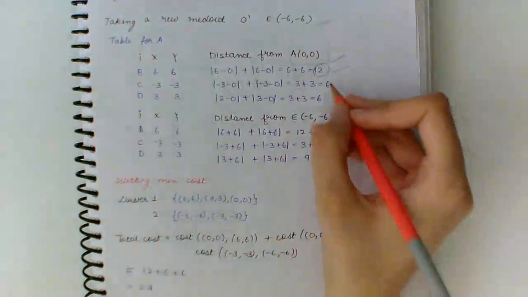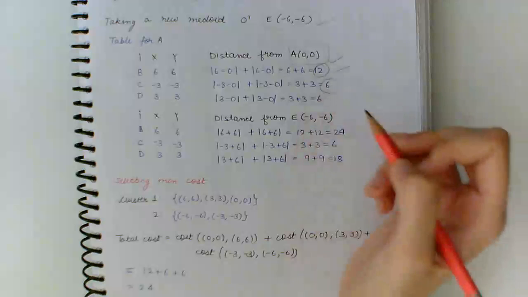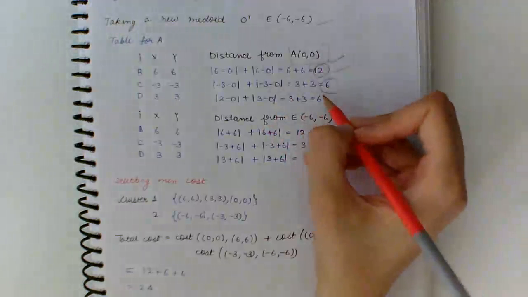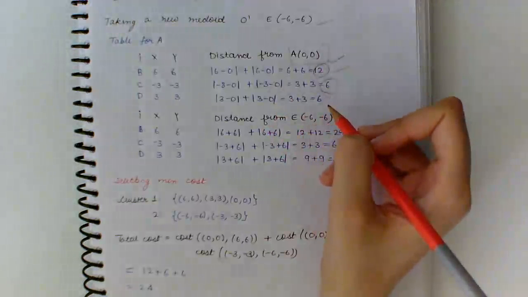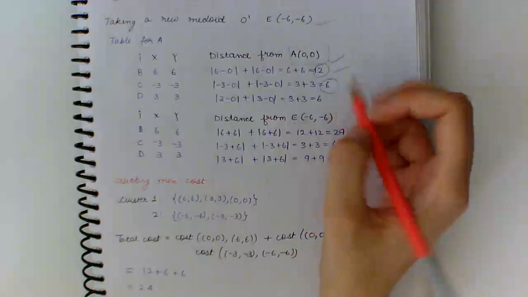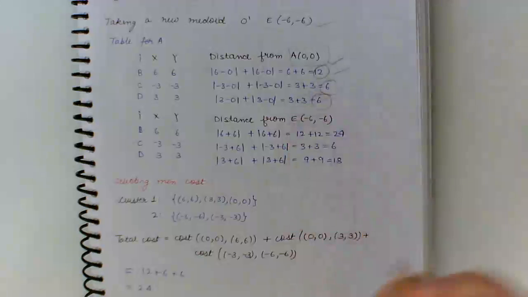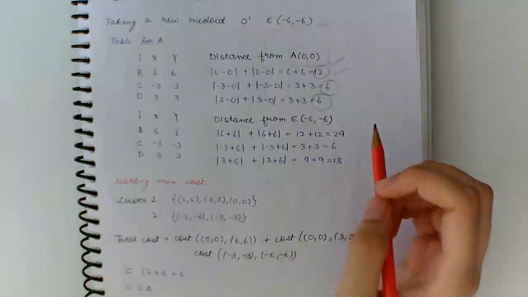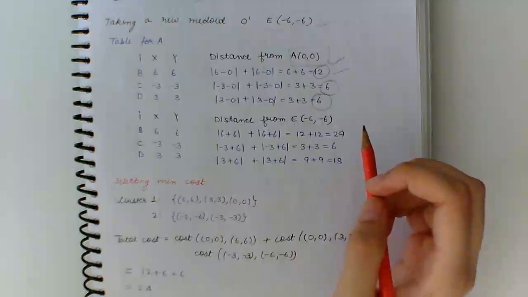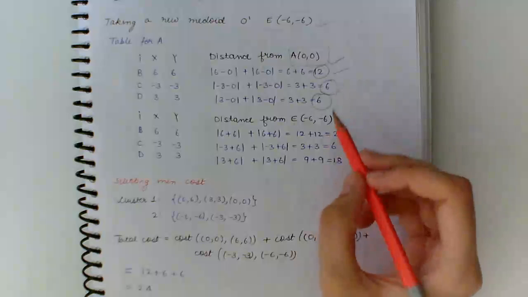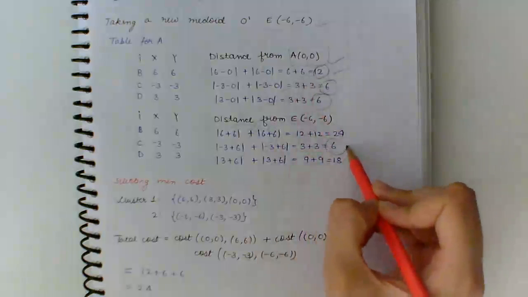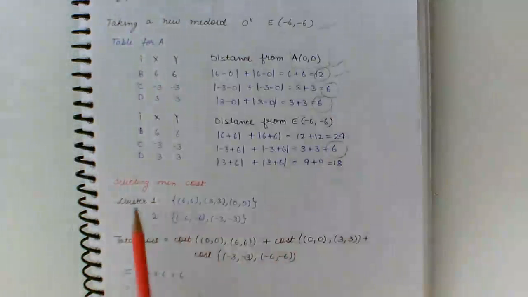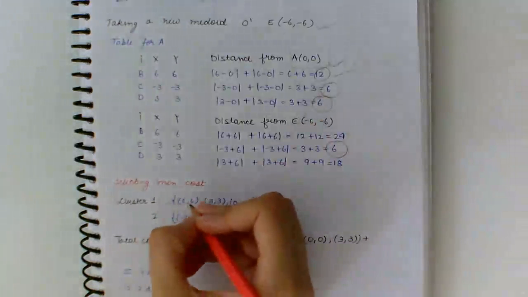Minimum cost for B is 12, minimum cost for C is 6, so we take the first value, and minimum cost for D is 6. Here also the value for C is 6, so we can consider either of them.